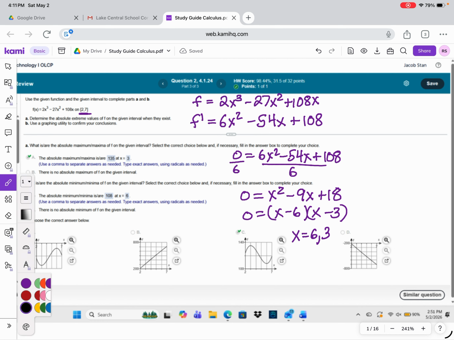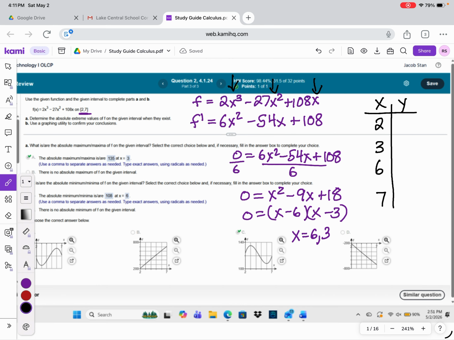Then we're going to do the exact same thing we did on the last one. We're going to make a table, so an xy table. We're going to do our intervals, so we've got 2 and 7, the interval that they gave us, and then we're going to put the numbers that we found right there in the middle. We're going to plug these into the original function for x.